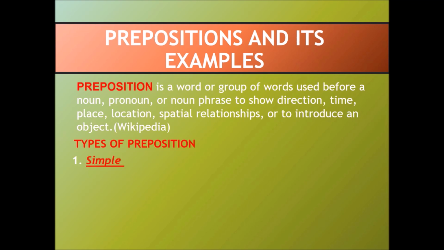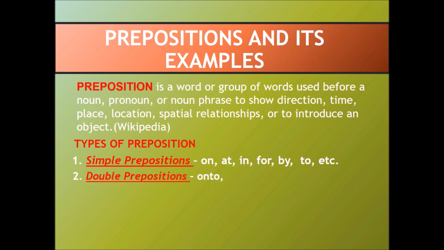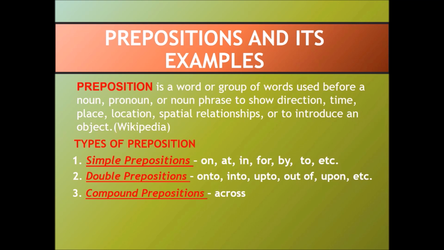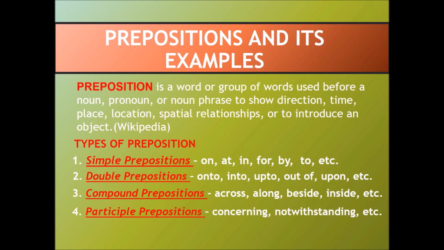The first one is simple prepositions with examples on, at, in, for, by, to, etc. The second type is the double prepositions with examples unto, into, up to, out of, upon, etc. The third one is the compound preposition with examples across, along, beside, inside, etc. Then the fourth is the participle prepositions with examples concerning, notwithstanding, etc. Then the last one is the phrase preposition with examples for a change, in accordance with, etc.